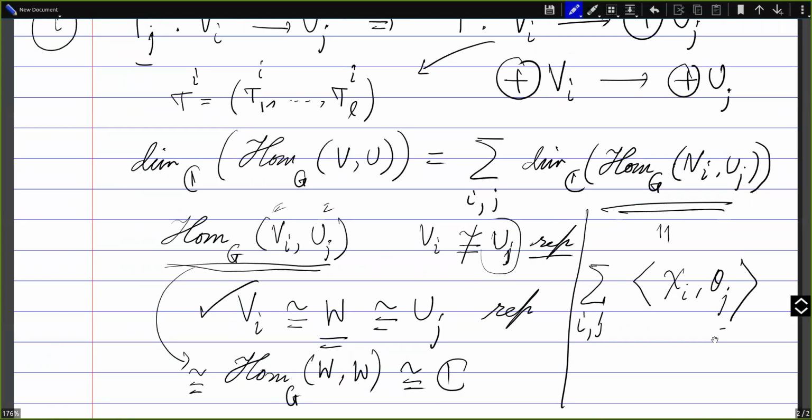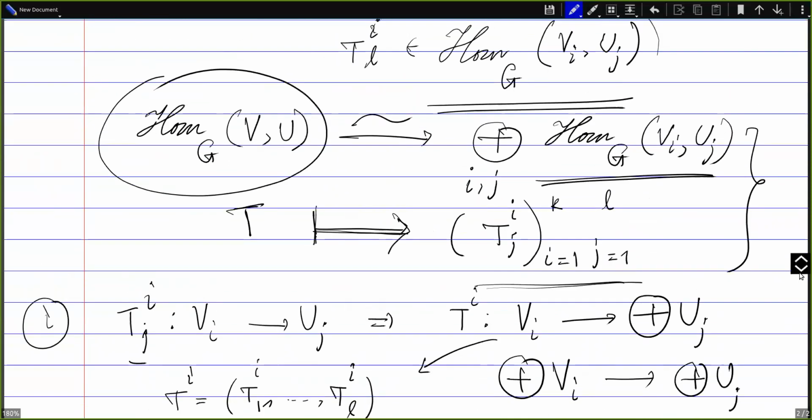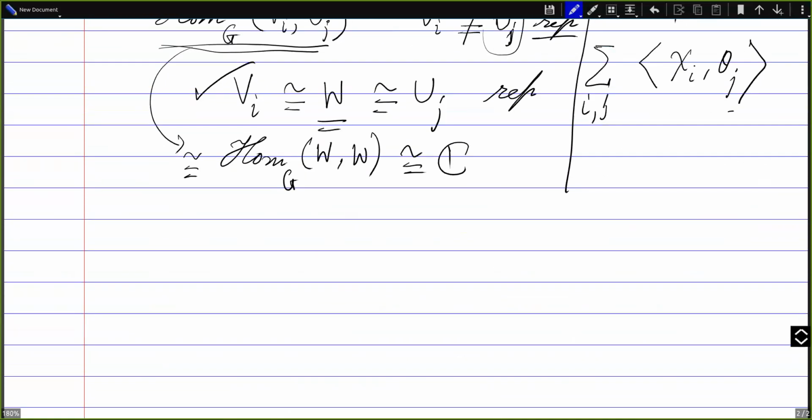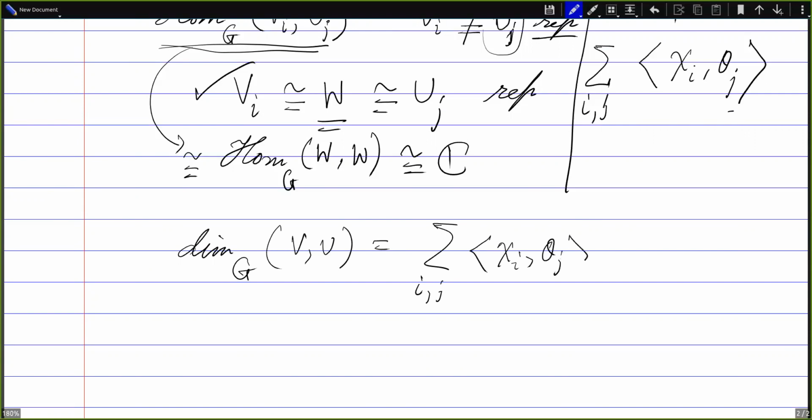So thus what we have is that this dimension is nothing but the sum of the inner products of chi_i and theta_j.